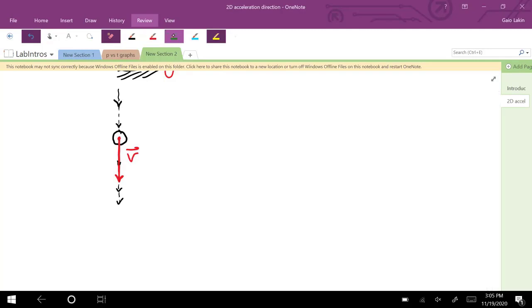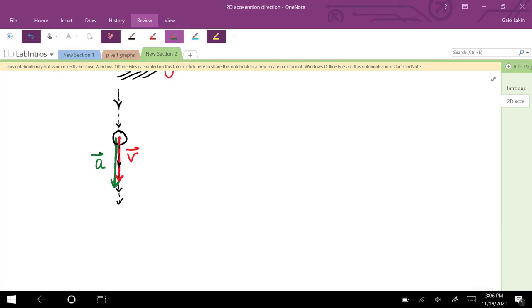Well, it's accelerating down. Another way to think of it is that this ball is speeding up. And so if it's speeding up, the acceleration and the velocity have to be in the same direction. And we don't care about the magnitudes of these, only the direction. And so the acceleration is also straight down.